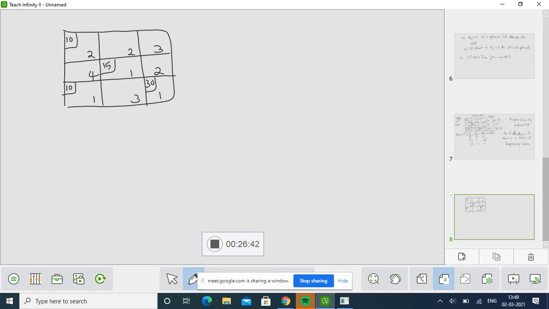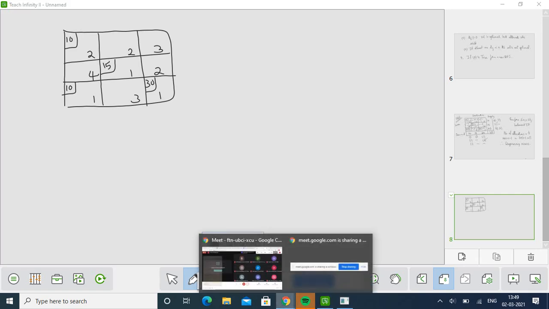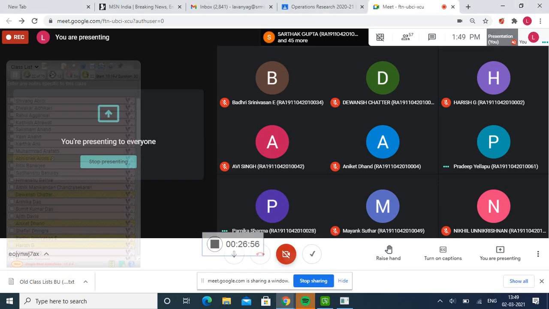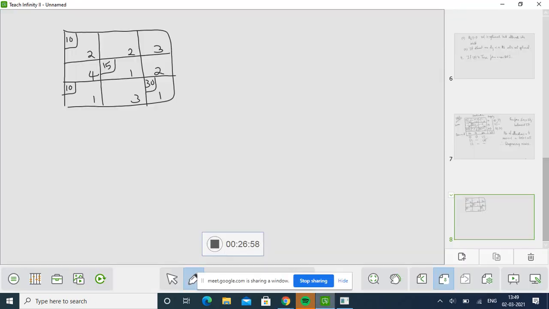What are the unoccupied cells? First row, second cell, first row, third cell. Similarly, second row, first cell, second row, third cell.